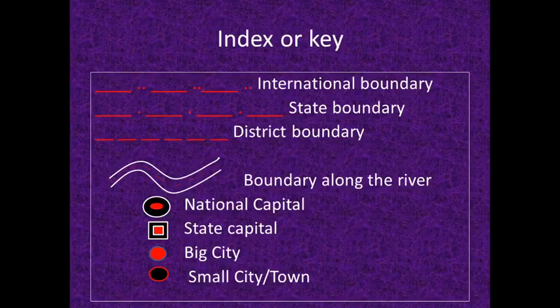So how is the boundary along the river shown? Can you see the curved lines in the center of it? You have some dashes. This shows the boundary along the river. Then you can see the symbols of national capital, state capital, big city, small city and town. These are the index or the keys which are shown in the maps.